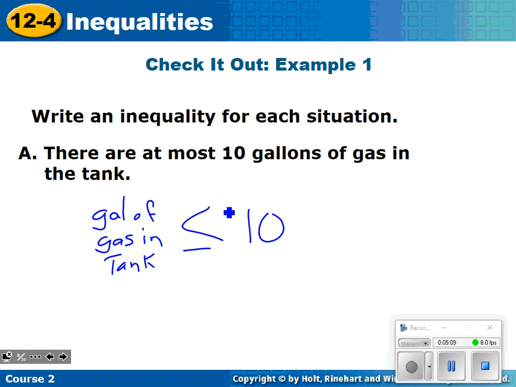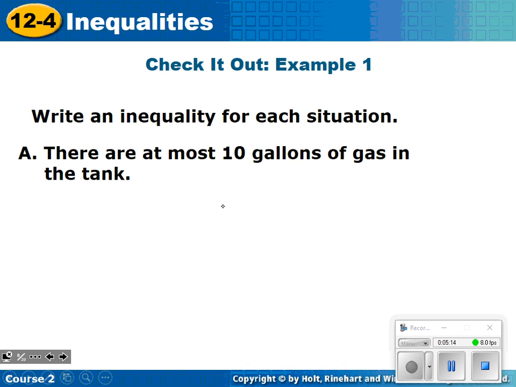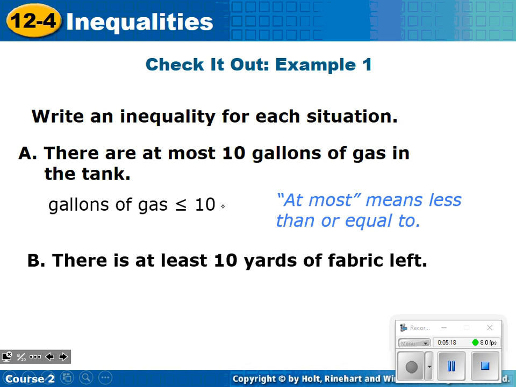Next one's yours. Tell me what to do. It says there's at least 10 yards of fabric left. Put the number down.